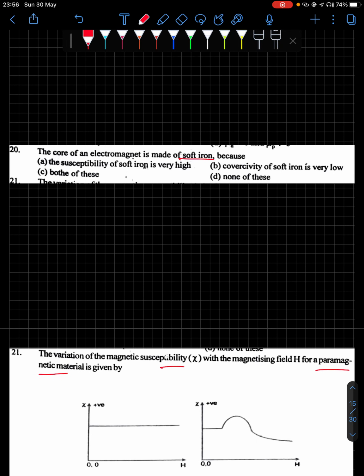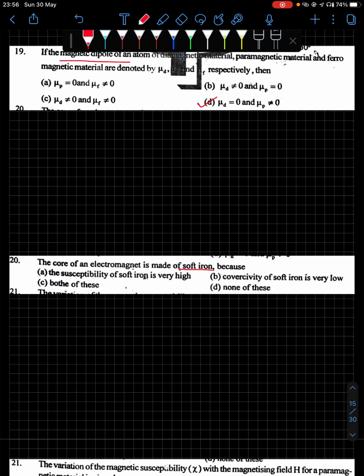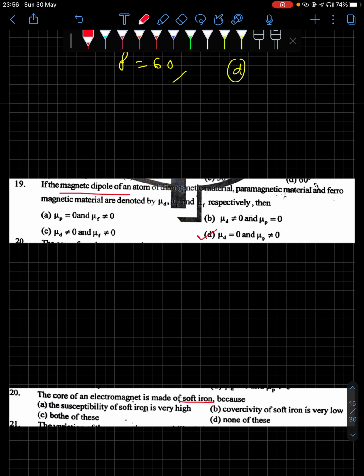Next, number 20. I'll just go through this question 19 again. I'll have to cross verify whether this should mean magnetic dipole moment or not. If this needs correction, I'll mention that in the next lecture.